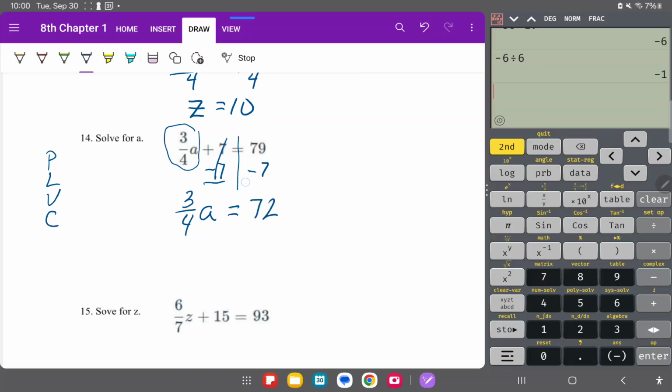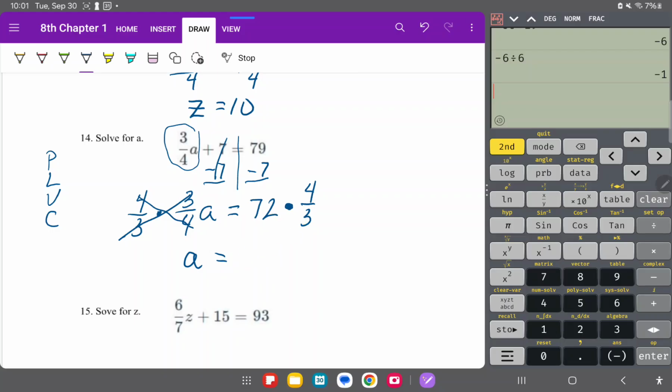Now, whenever we have this situation, a full fraction out front, this is when we want to multiply by the reciprocal. So we're going to multiply by the reciprocal on both sides because that way it cancels out and I'm left with a. And so then bring down your equals.